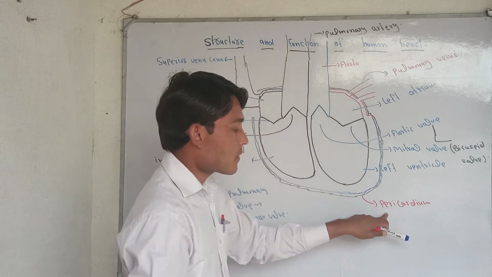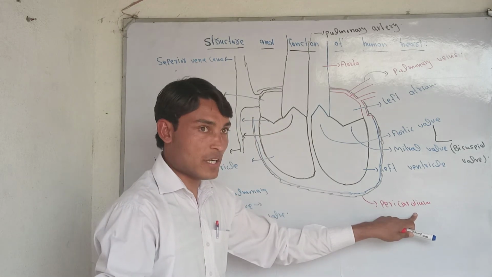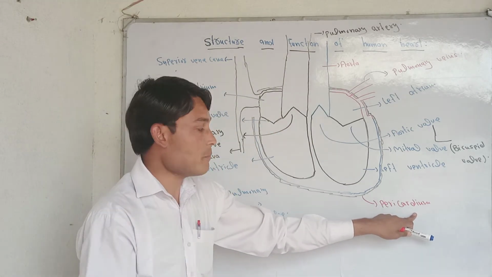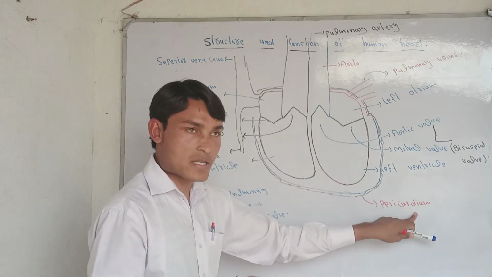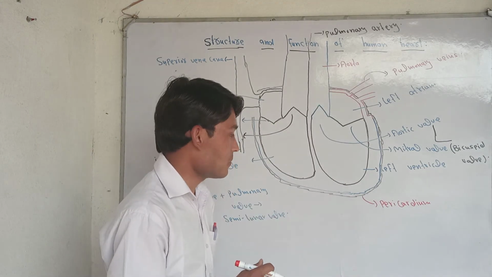Peri means outside, and cardium means heart. It's a Greek word.